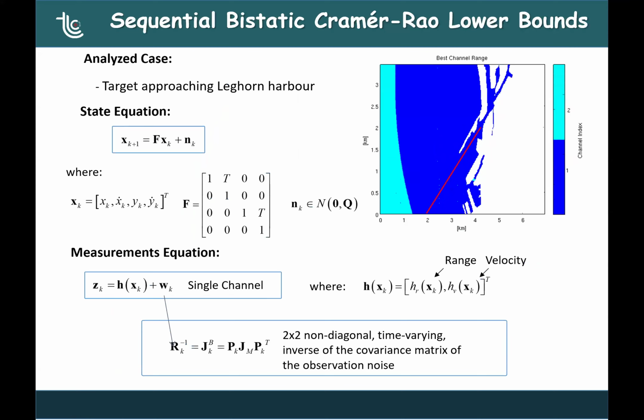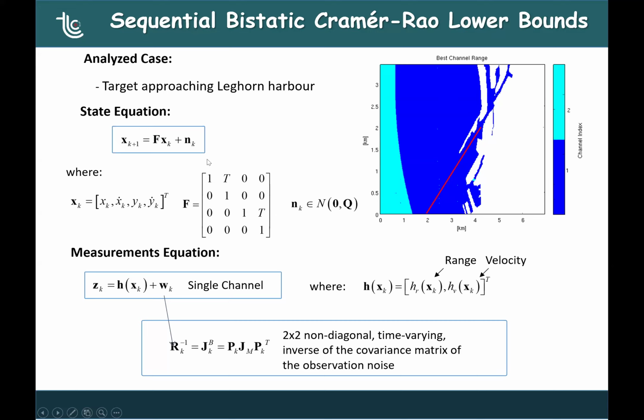Now let's analyze the case of tracking. We suppose that there is a target that is entering the harbor. You see here the red line is the trajectory of the target entering the harbor, and it is compared with the best channel for range estimation.